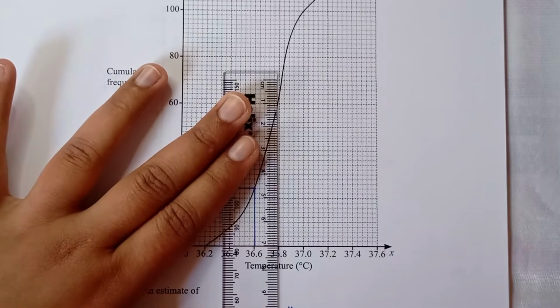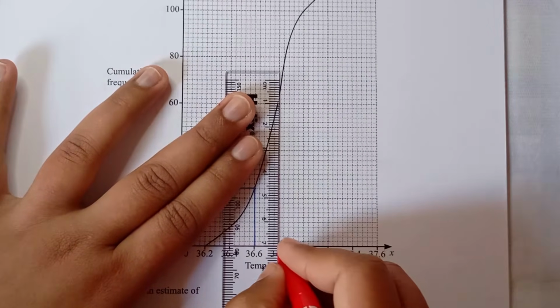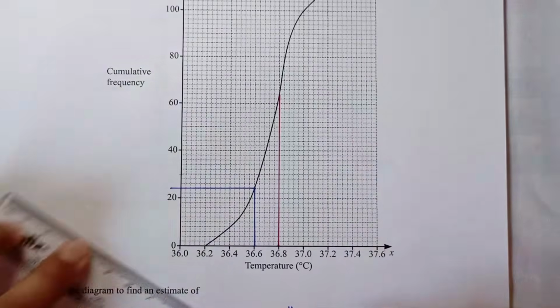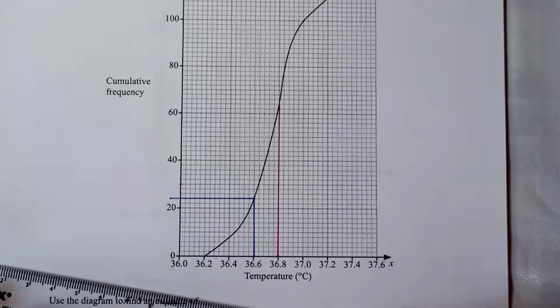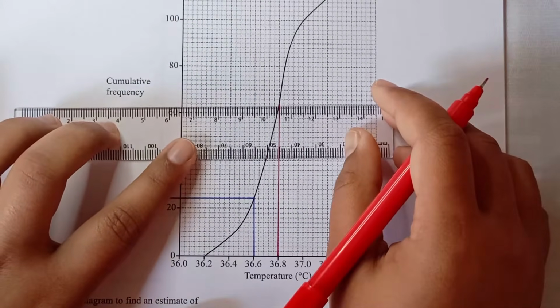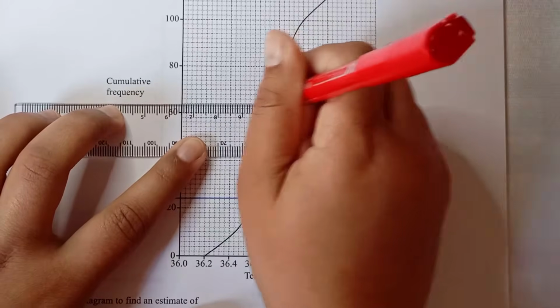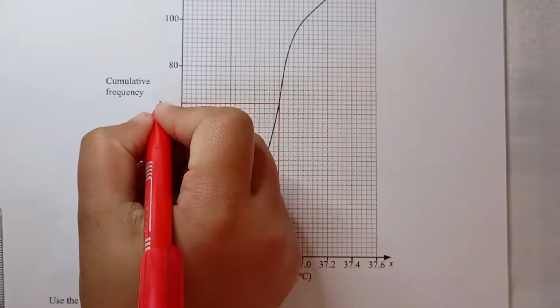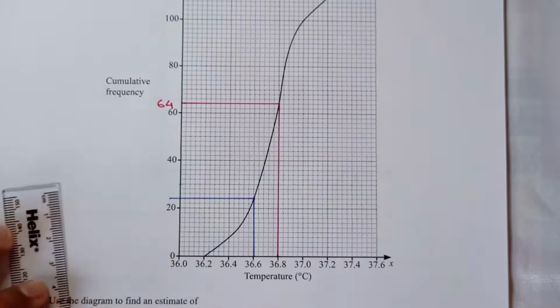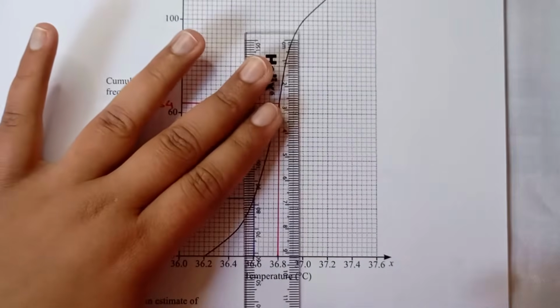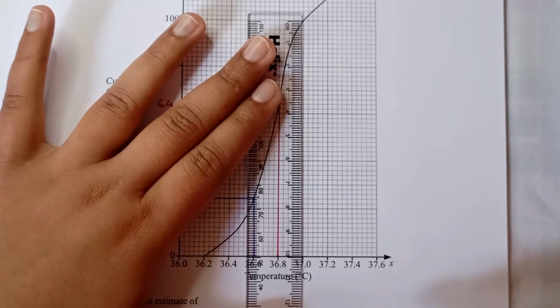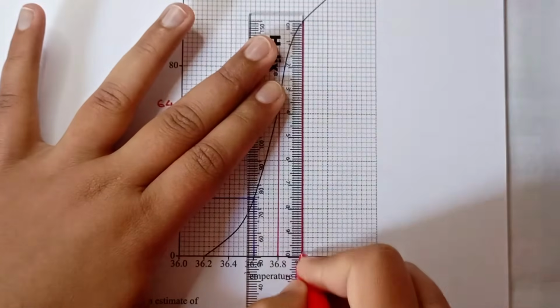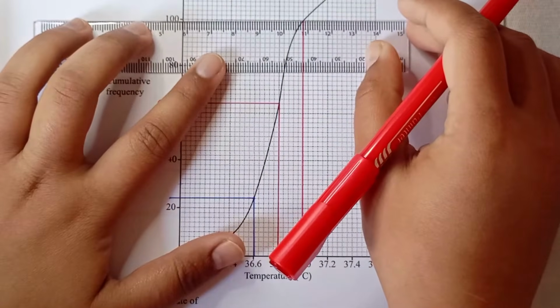So 36.8 first. How many people are in here? This would be 64 and 37.0. Draw a straight line and these are 100.